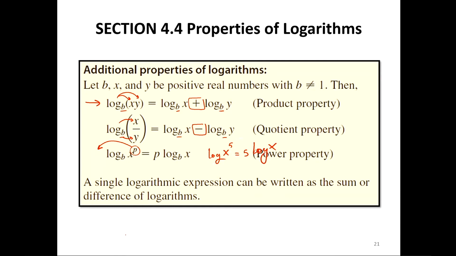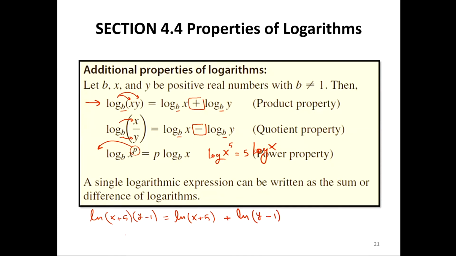In a product, if we have ln of (x plus 5) multiplied by (y minus 1), we can distribute: ln(x plus 5) plus ln(y minus 1).